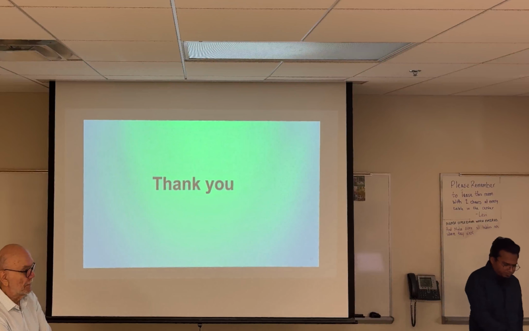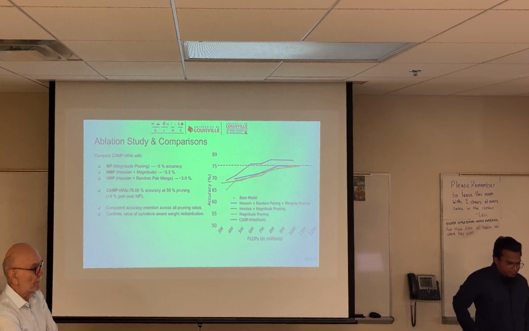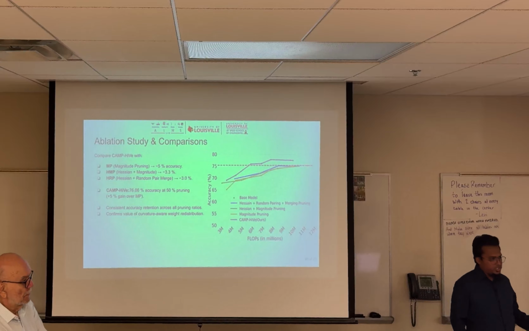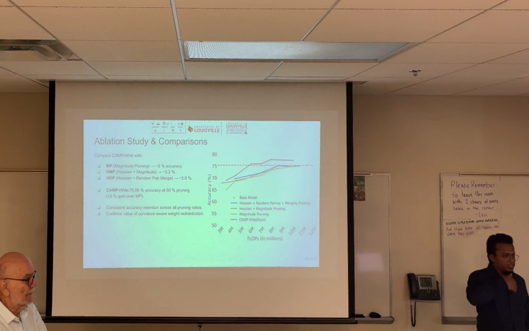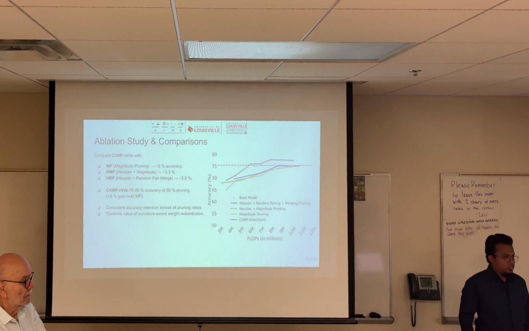That's what we actually did in the ablation study. In the ablation study, we did Hessian with random pairing and merging together, Hessian and magnitude pruning together, and magnitude pruning alone. So you can see our method is all of the above. In this case, the Hessian is the approximation.